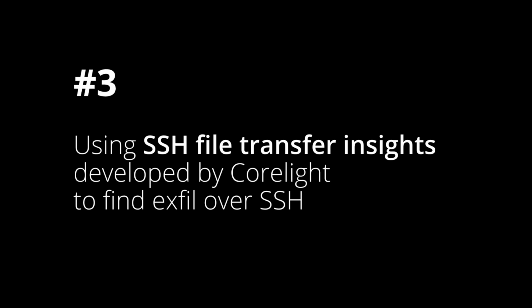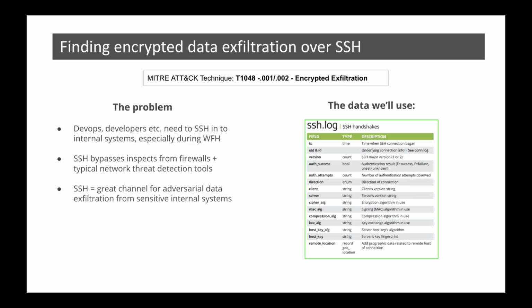If we go to the last example, this is one written by Corelight. So now we're stepping into something that Corelight has spent some time working on. If you go to the next slide, this is actually looking at using SSH. Obviously SSH is a common administrative tool used by all sorts of developers and admins, but of course it's also used by attackers to bypass inspection, to exfiltrate data, and to make a great channel for C2.